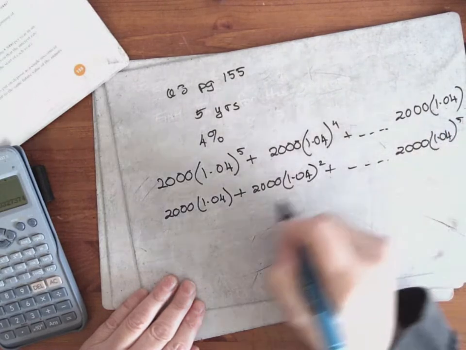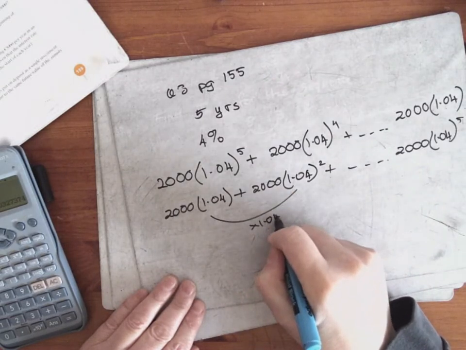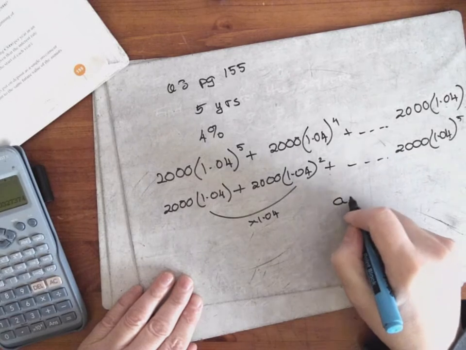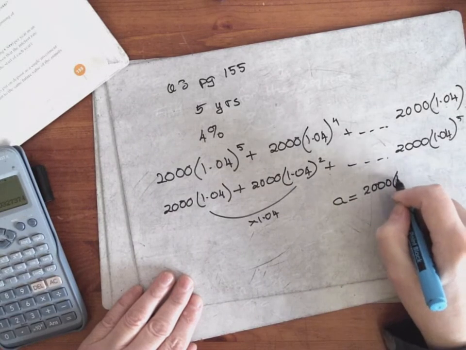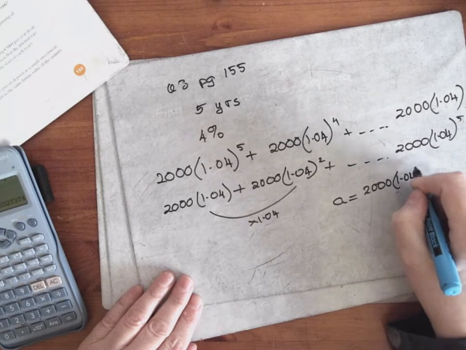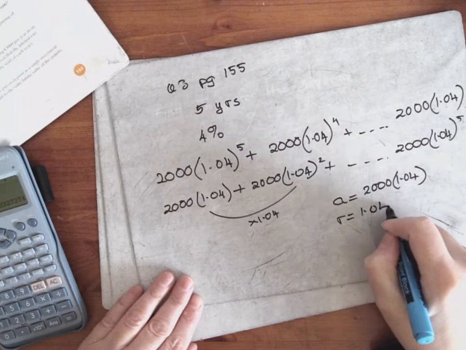So you're multiplying by 1.04 every time. A is the first term, which is 2,000 times 1.04, and R is what you're multiplying by, so 1.04.